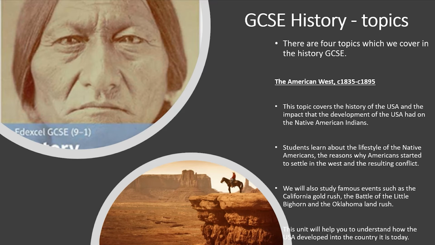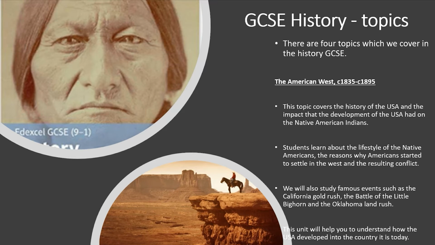So we will look at the lifestyle of the Native Americans. We'll look at the reasons why Americans wanted to start to move west. We'll look at the impact that had on both of those groups, and the resulting conflict as well. But we'll also study very famous events, things like the California Gold Rush.